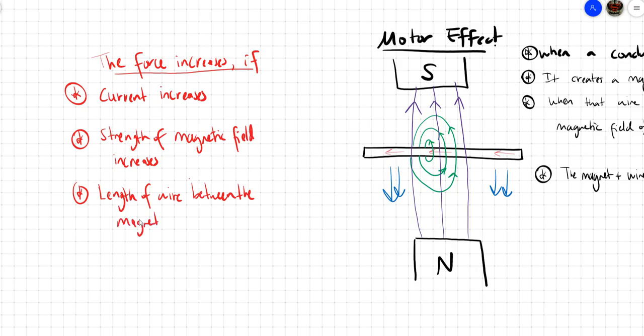So these are the 3 ways in which we can increase the force. So if we want to make the wire move faster or more, we increase the current, or we increase the magnetic field, or we increase the length of the wire inside the magnets. Okay, that's how we do.